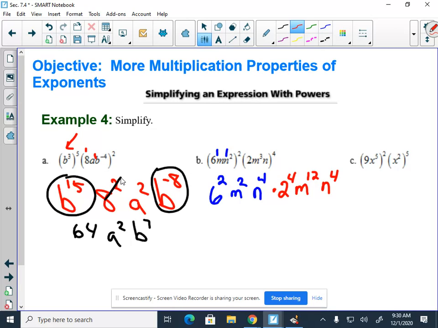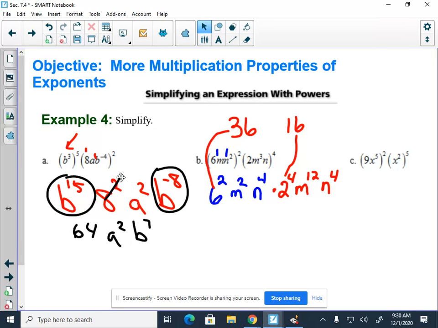6 to the 2nd. If you take your calculator, 6 to the 2nd is 36. Go ahead. 6 to the 2nd. Type it in. 2 to the 4th is 16. Now all of these are being multiplied.